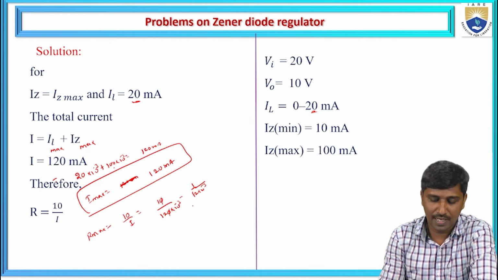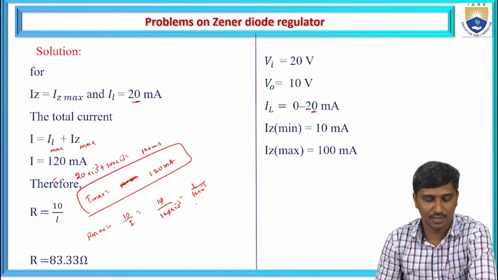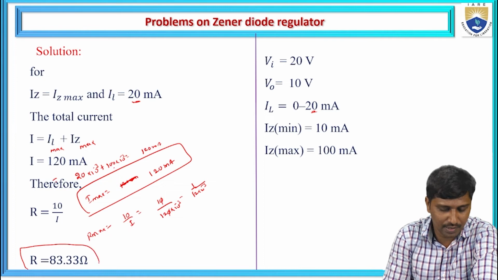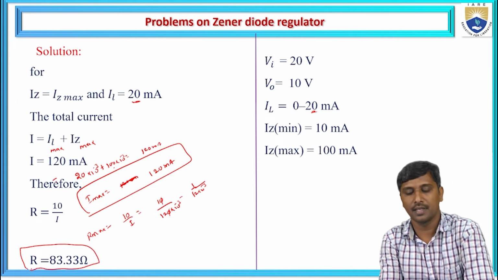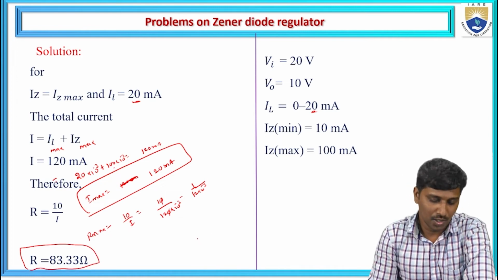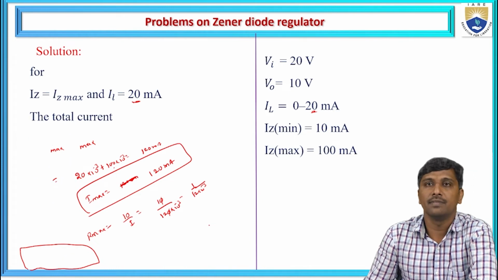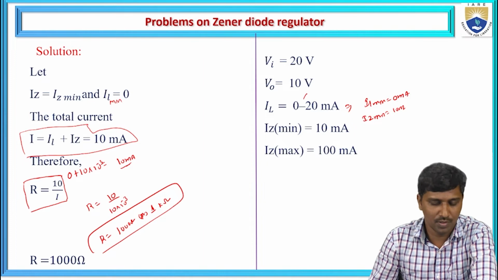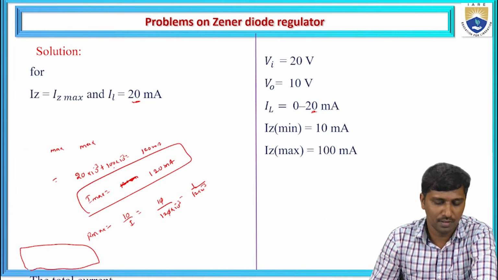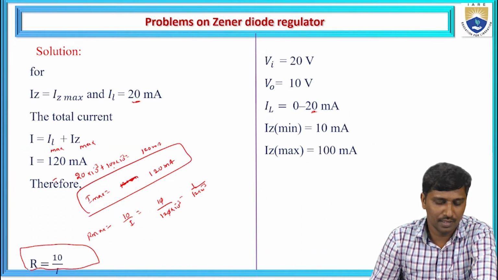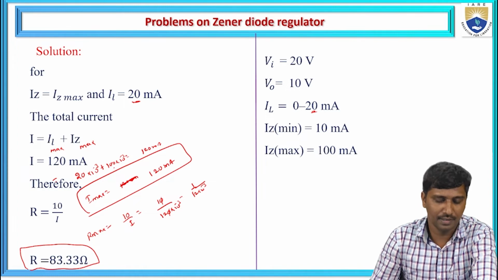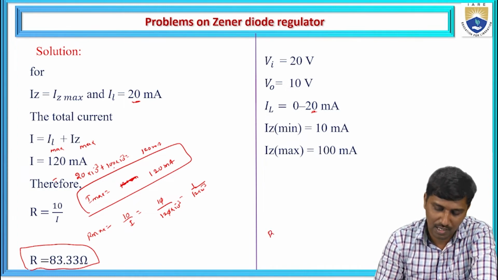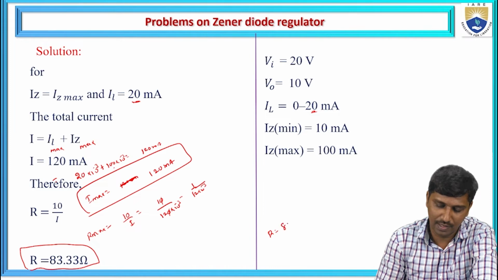After solving this ratio, it gives the R value as 83.33 ohms. That means your R value should lie between the two. In the previous condition, we observed 1000 ohms, and here the R maximum should be 83.33 ohms. Hence, R should lie between 83.33 ohms and 1000 ohms.